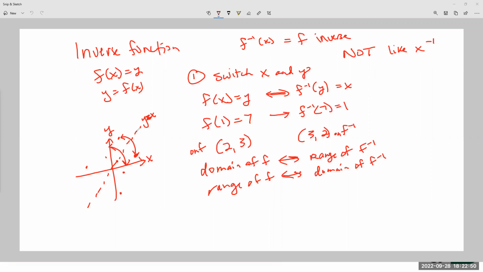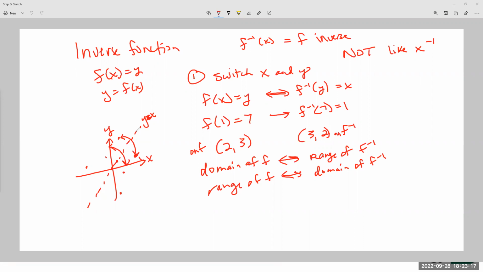But if one of them crosses the line y equals x, the other one also will at the same place, put it that way. So that can help you identify, especially on the homework, sometimes you'll be looking at multiple choice, which is the graph of the function and its inverse. And any that don't have those intersections on the line y equals x, if they're intersecting elsewhere, then those are probably not the right ones.